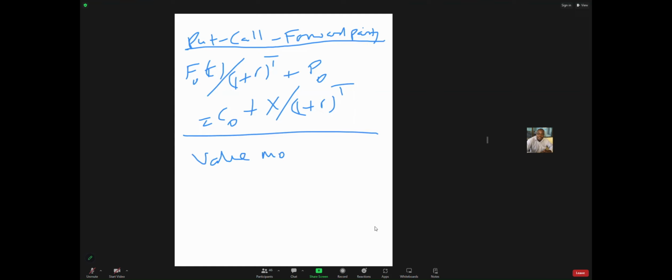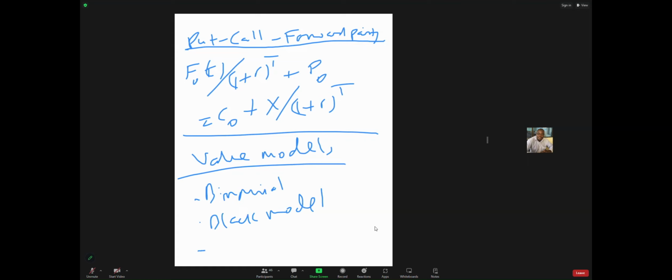Option evaluation models, in which we look at binomial. Then we have the Black-Scholes model, and of course, geometric Brownian motion, GBM.